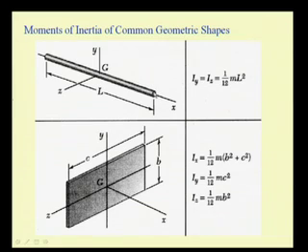Because its radius is assumed to be small, the second moment of this shaft or the rod with respect to this x axis is almost negligible.